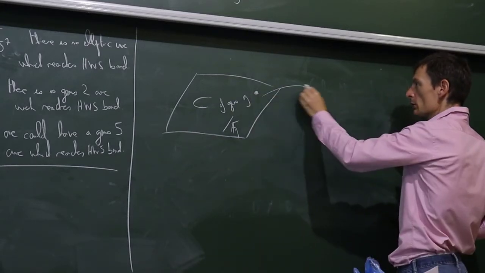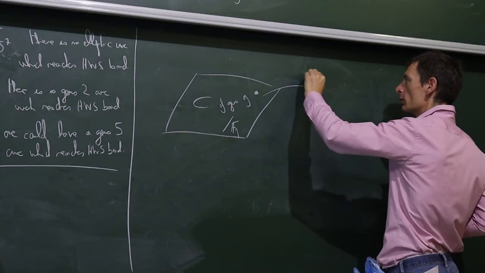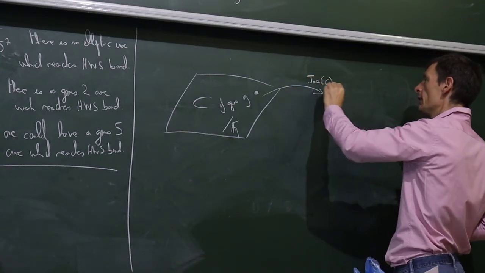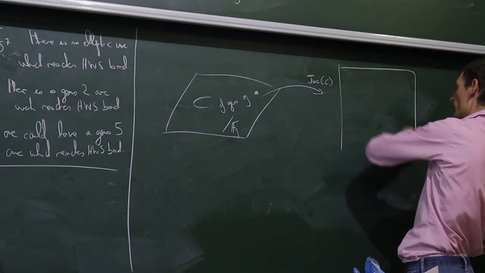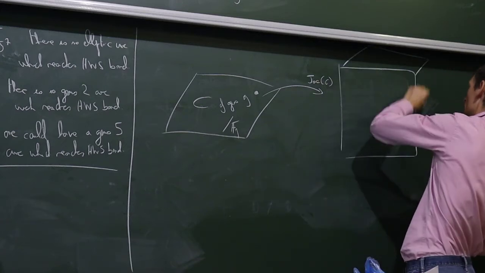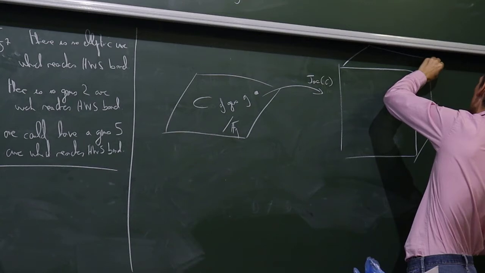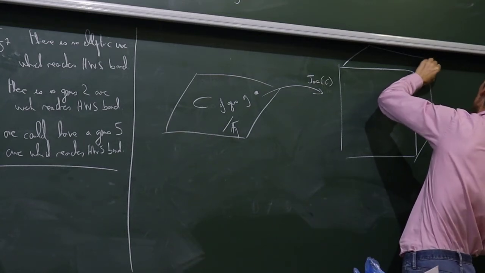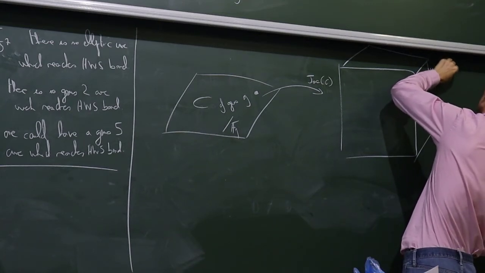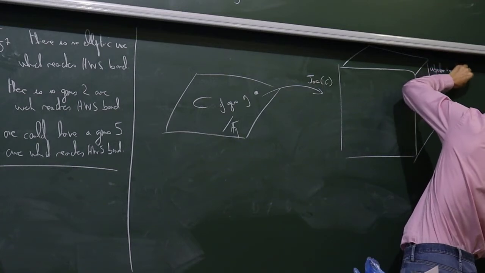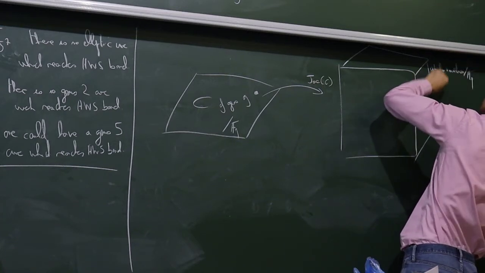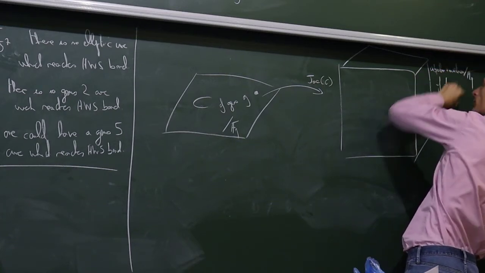So you send the problem, using the Jacobian of C, to a bigger box, which are all abelian varieties over F_q of dimension g.